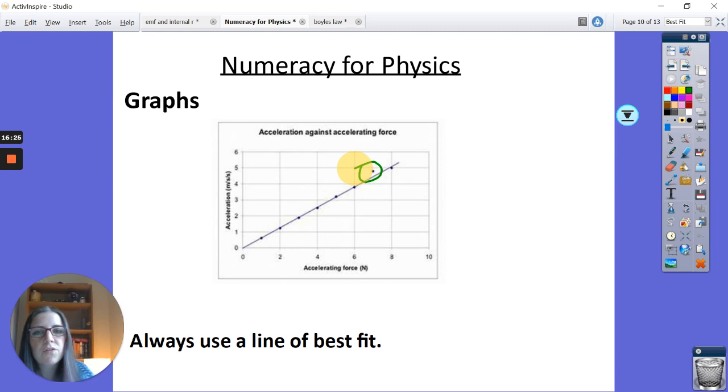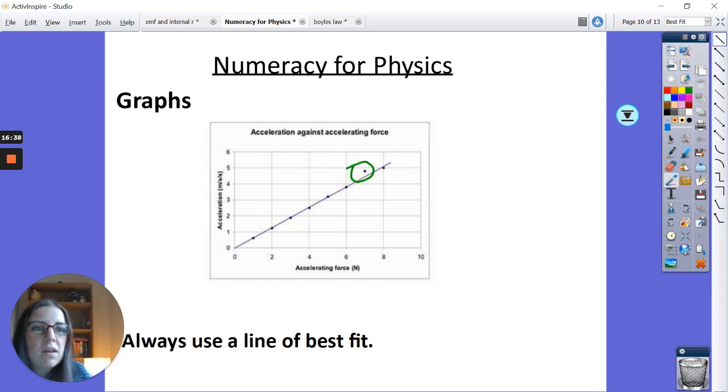The other thing we can do from drawing a line of best fit that we wouldn't be able to do with a dot to dot is continue the graph to predict what would happen if we had larger forces. So this straight line could be continued on. Oops, it's in white, that's not very helpful. Sorry.